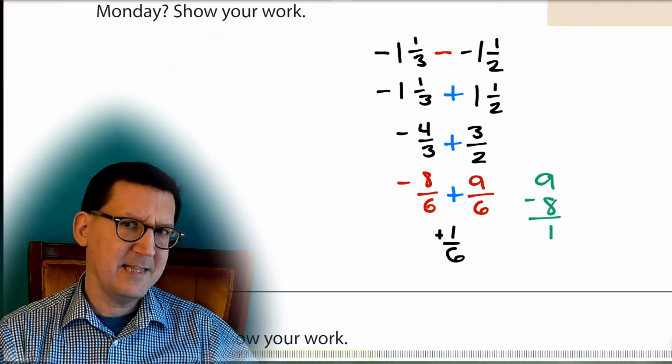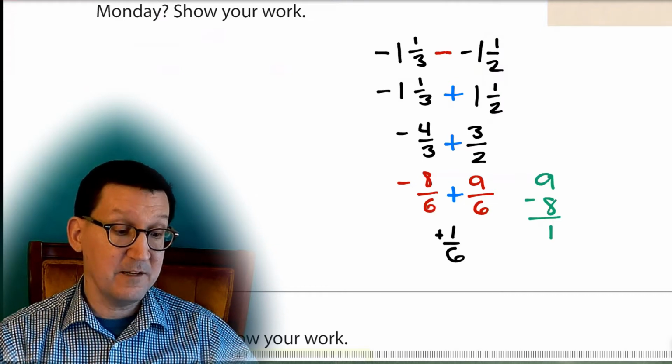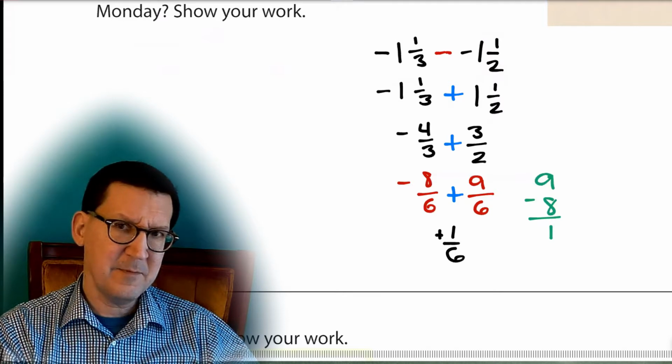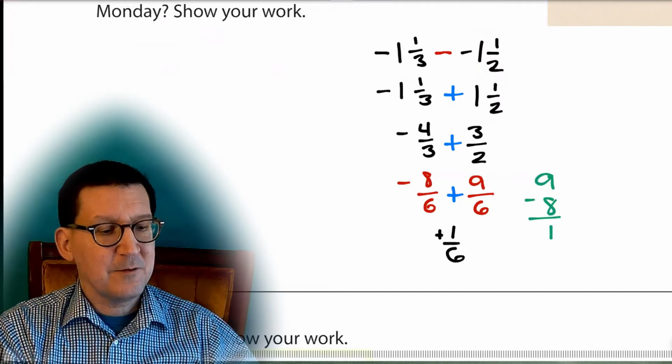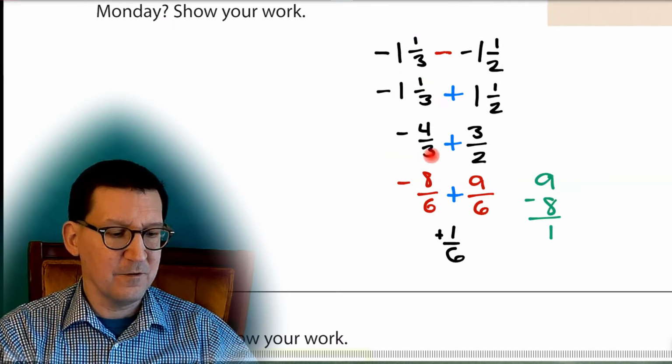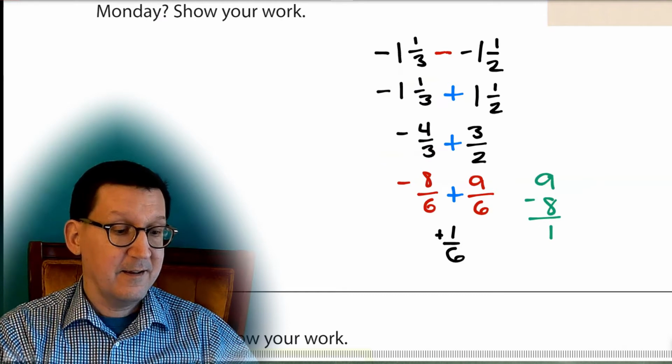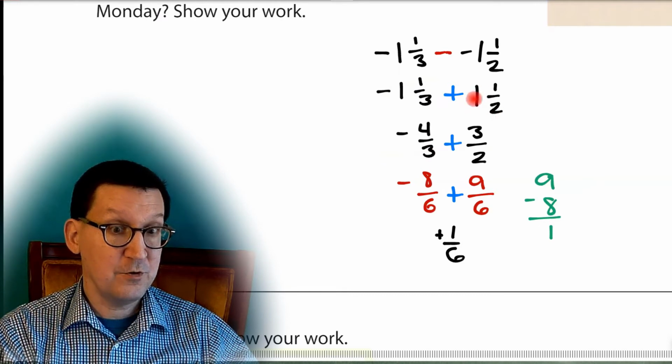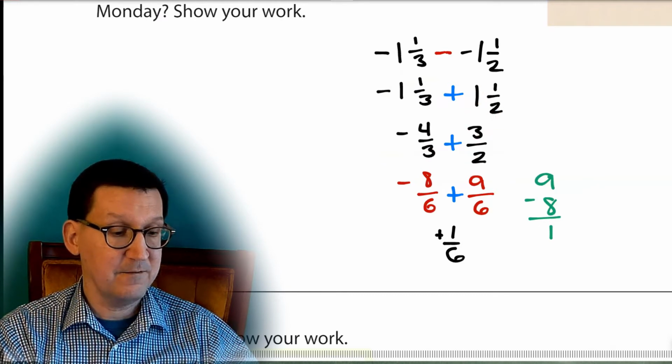Now, we can add these two things together, but not without making common denominators out of them. So let's make common denominators out of these. So the first thing we'll do, let's make these mixed numbers into improper fractions. So we'll take negative 1 1/3 and go 3 times 1 is 3 plus 1 is 4, so that's negative 4/3. And then 1 1/2, so 2 times 1 is 2 plus 1 is 3, so that's 3/2.